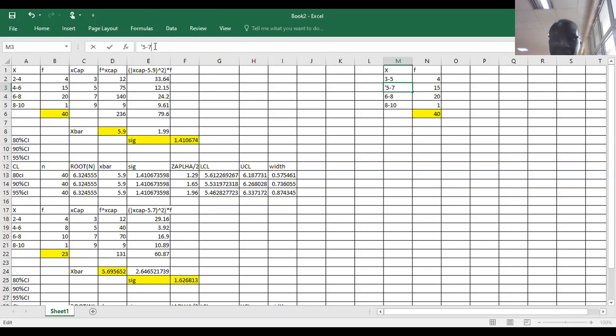This one is very easy. I'll just give you a very simple case.